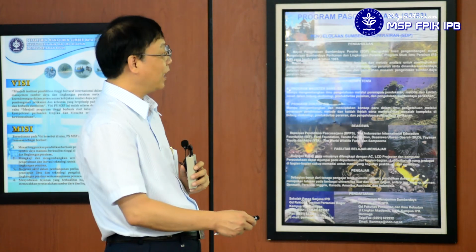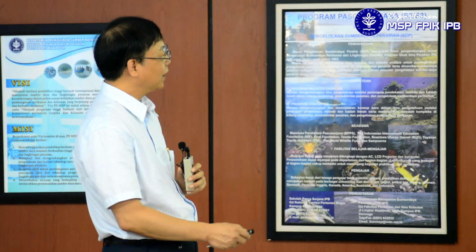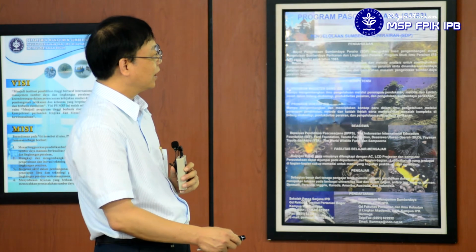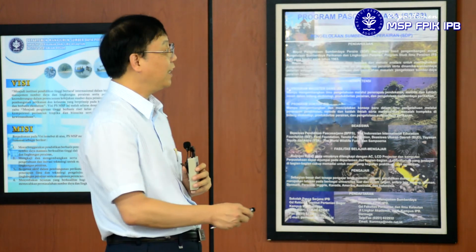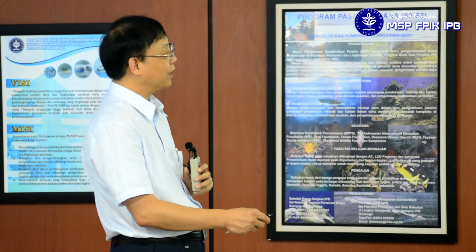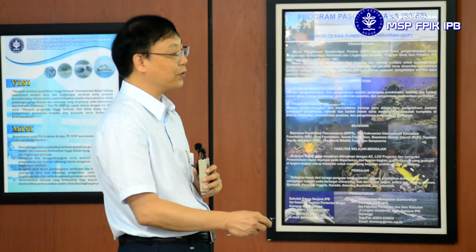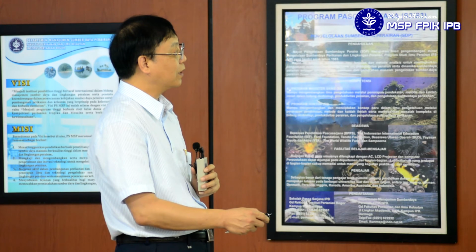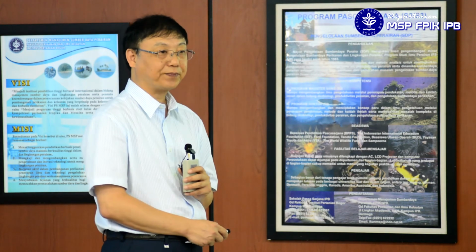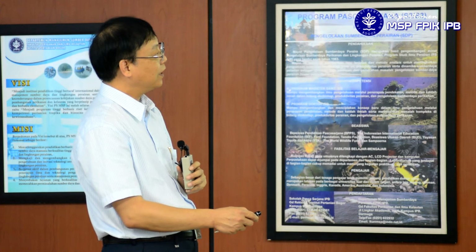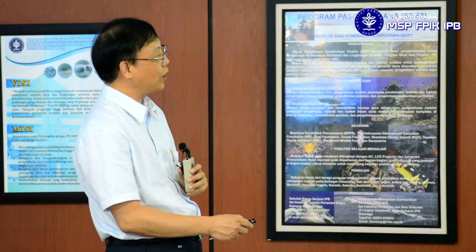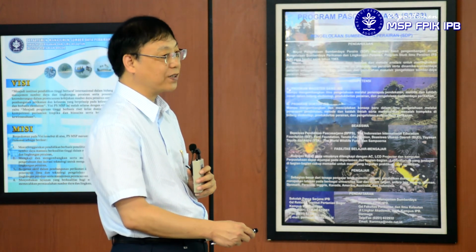But now because of such construction, the size is smaller. That is one. Another is because of this dike, or we say the causeway, the water could not exchange from eastern to western.